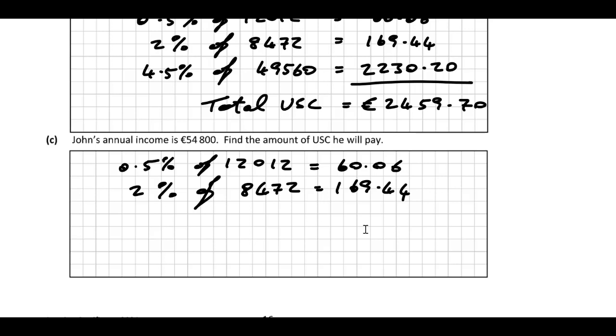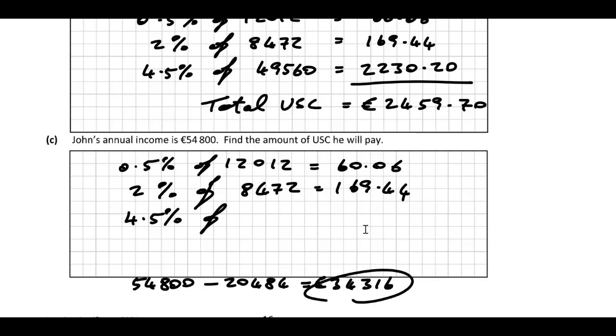20,484. So if we take his income, which is 54,800, subtract 20,484, that means he's got to pay the 4.5% on 34,316 euros. So in other words, he's got to pay the 4.5% of what's left, which is this amount here, 34,316.